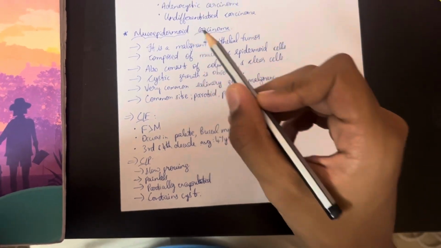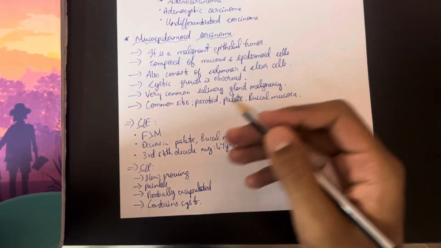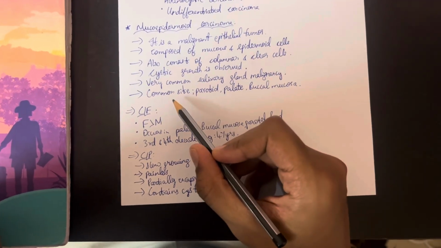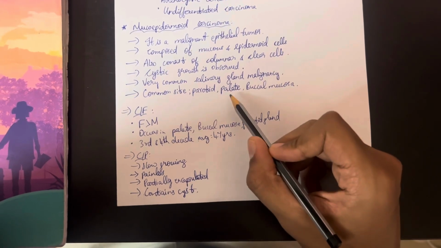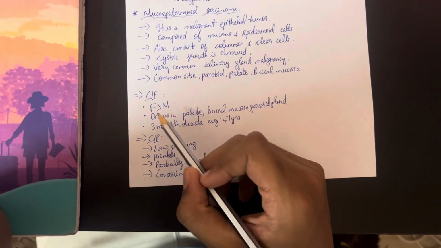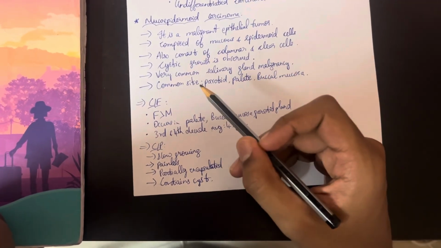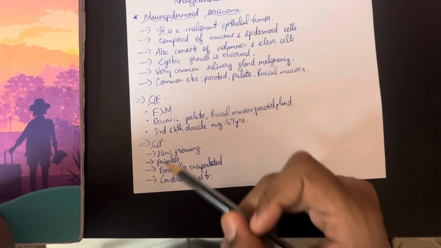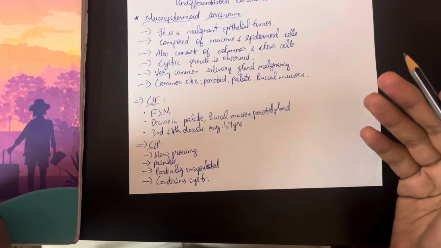So this mucoepidermoid carcinoma is a common salivary gland malignancy, and it is commonly seen in the parotid gland area, palate, buccal mucosa. Now let's see the clinical features. Females are mostly affected than males, and it occurs in, as we saw here, palate, parotid, buccal mucosa.